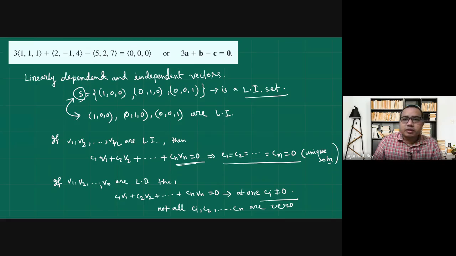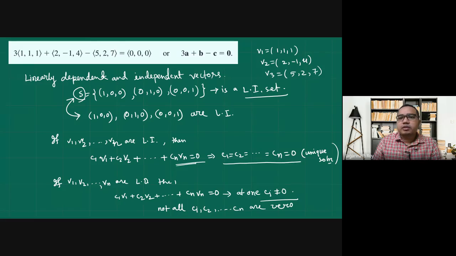For given vectors V1 equals 1, 1, 1, V2 equals 2, minus 1, 4, V3 equals 5, 2, and 7, in the last class we have seen that C1 will be 3, C2 will be 1, and C3 will be minus 1, for the choice C2 equals 1.